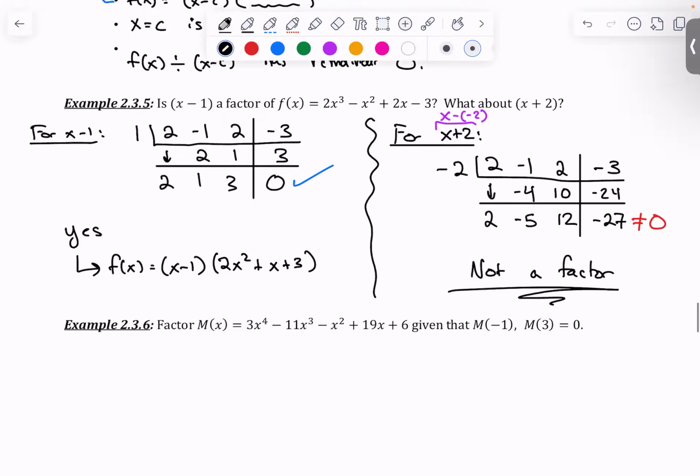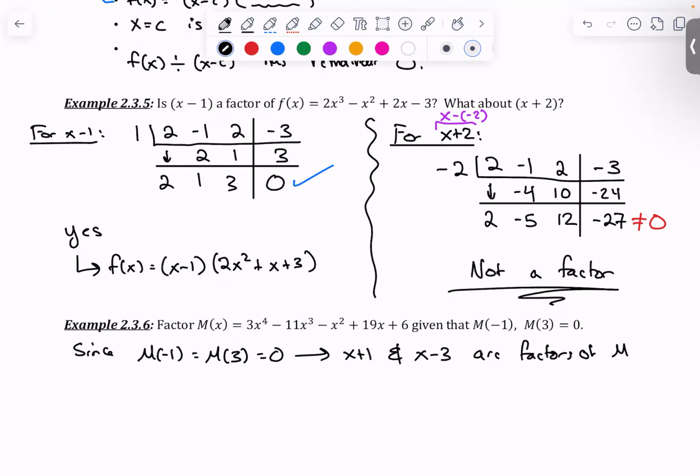However, for this problem, since m of -1 equals m of 3 equals 0, that means by the big boy factor theorem that x plus 1 and x minus 3 are factors of m.